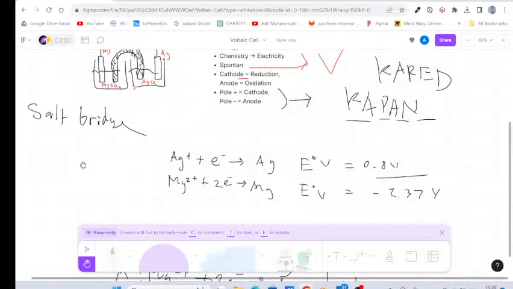To make it easier, we need to change the reactions first, because the reaction is still a reduction half reaction. We need to change it like this: Ag plus. Because the anode is oxidation, we should reverse it.